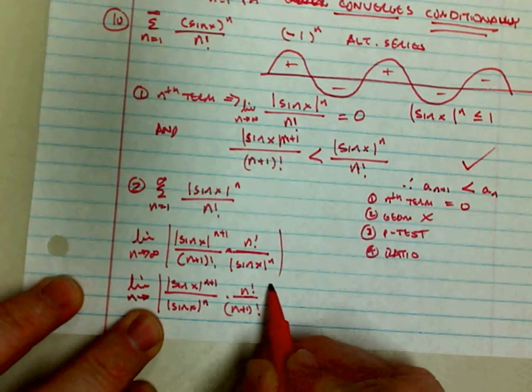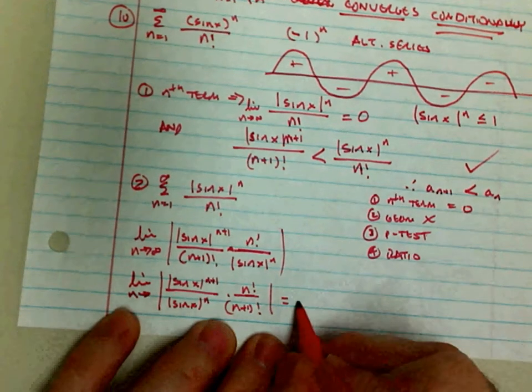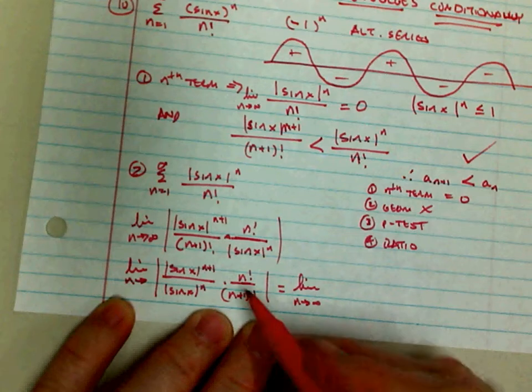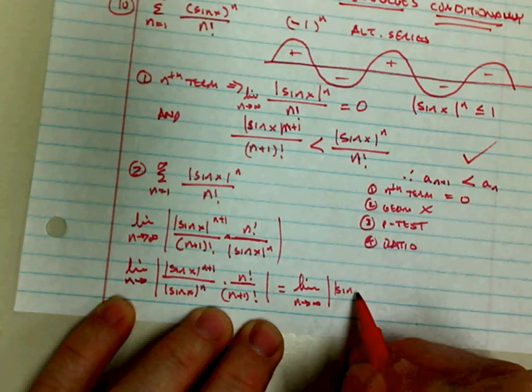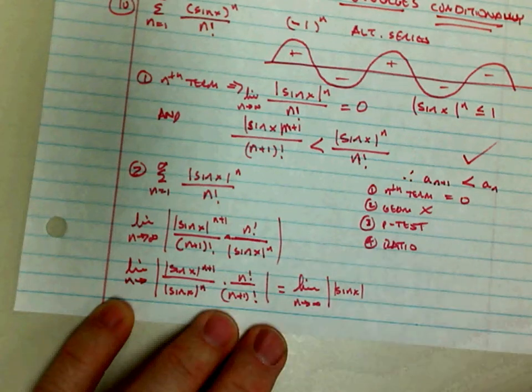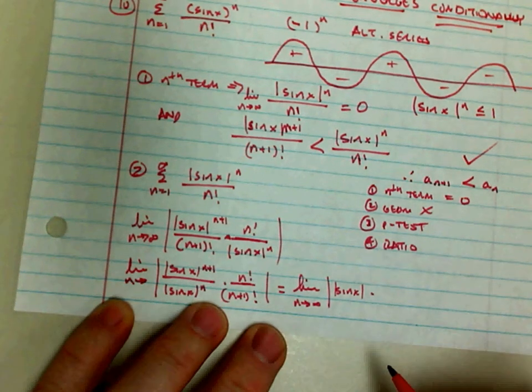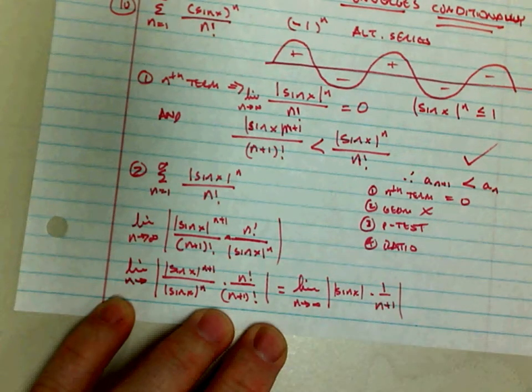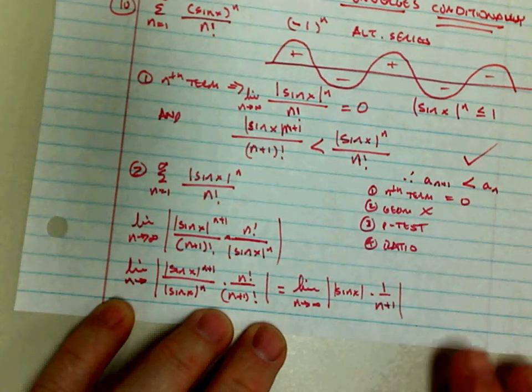That means we have the limit as n goes to infinity. This is just going to be the absolute value of sine of x, subtract our exponents, times we'll end up with just 1 over n plus 1 in our denominator. I think you can easily see that this is going to get really huge.